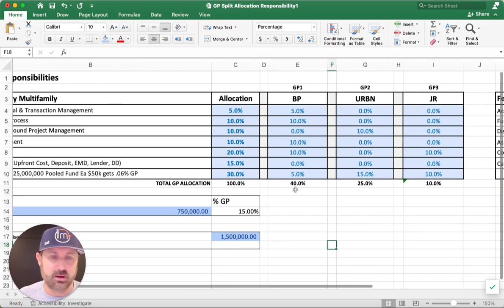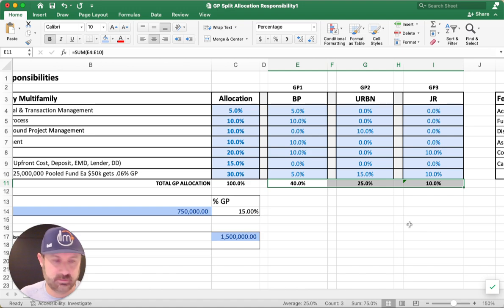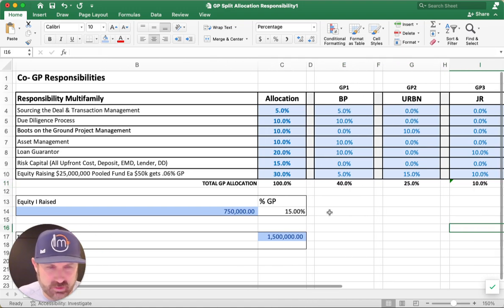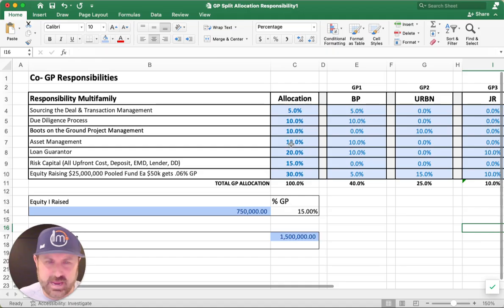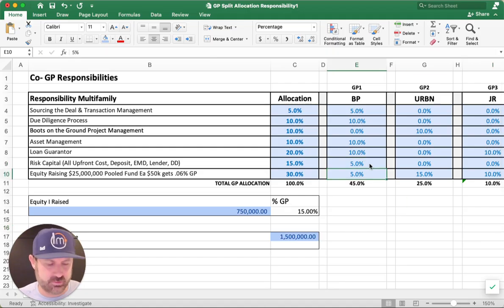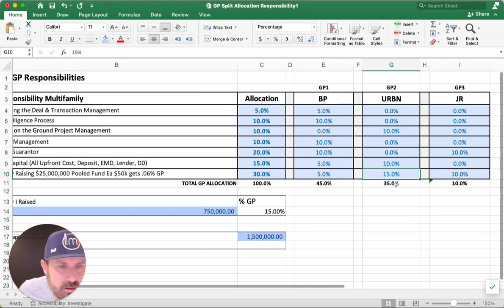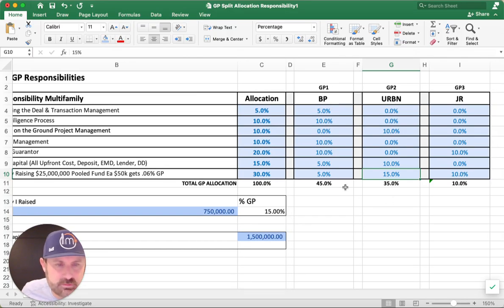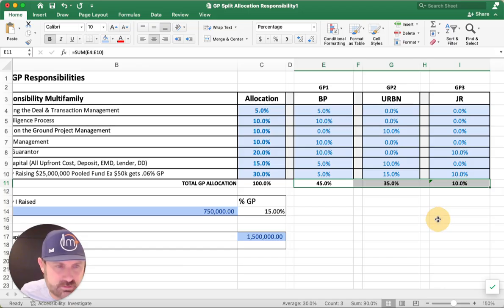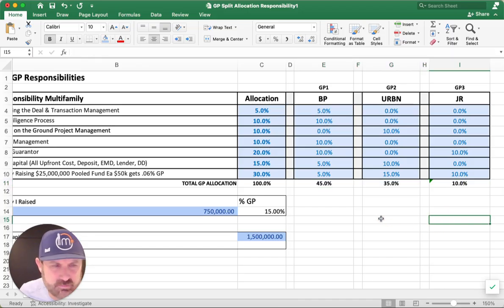So then everybody would know, hey, we still have 25% to go. Oh, I'm missing it here. Risk capital. So let's say that we'll do 5% there and 10% there. Adds up to 15. And we're good there. Where am I missing 10% here? I'm missing 10%. 20, 20, 10, 10, 10, 10. Oh, wait.